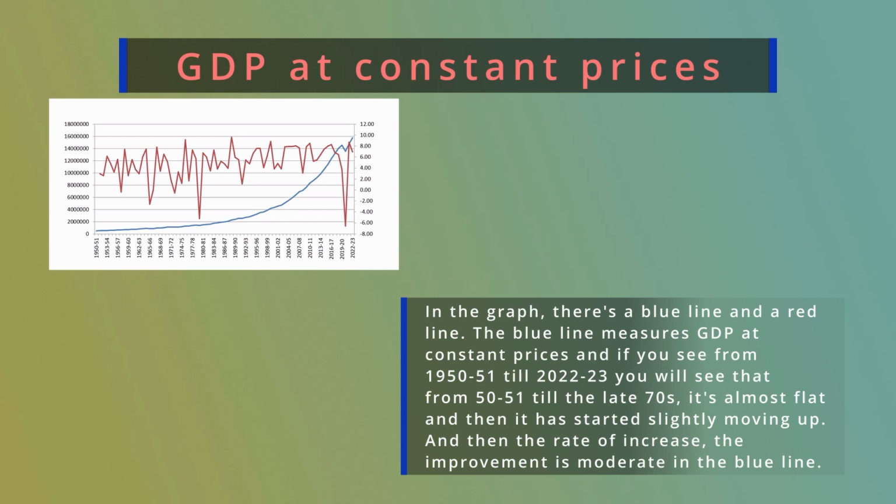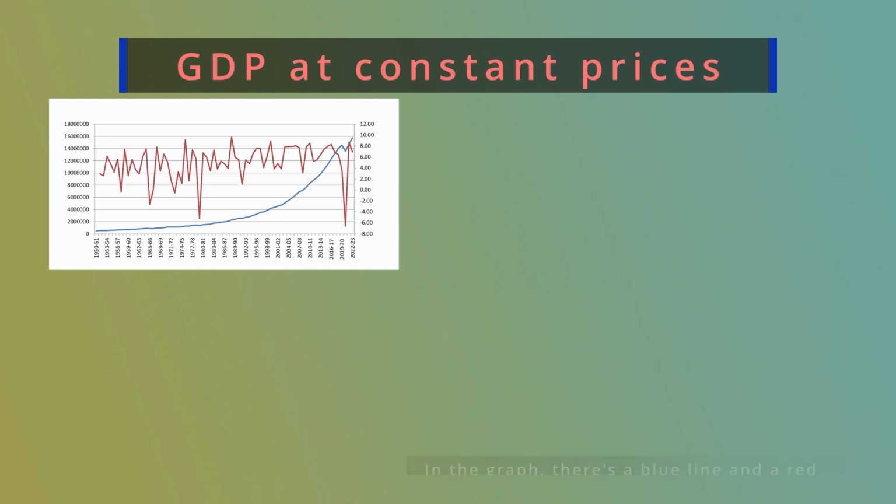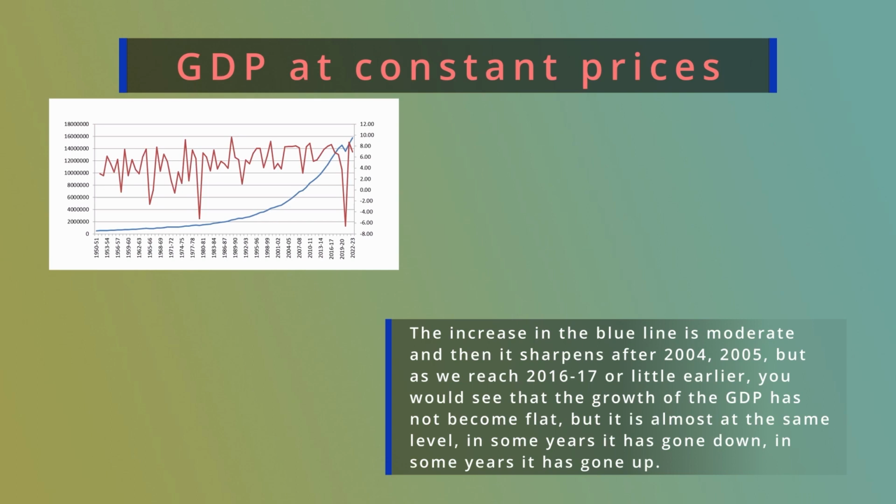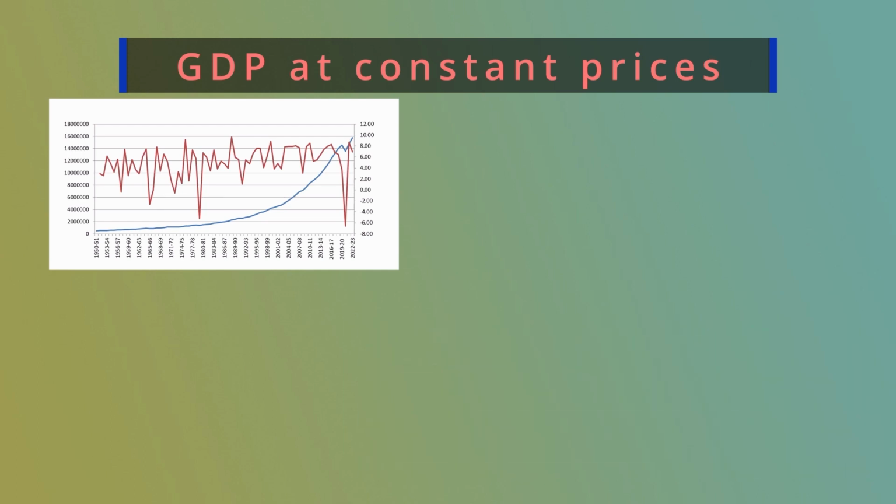The increase in the blue line is moderate, and then it sharpens after 2004-2005. But as we reach 2016-17 or a little earlier, the GDP has not become flat, but it is almost at the same level. In some years it has gone down, in some years it has gone up.